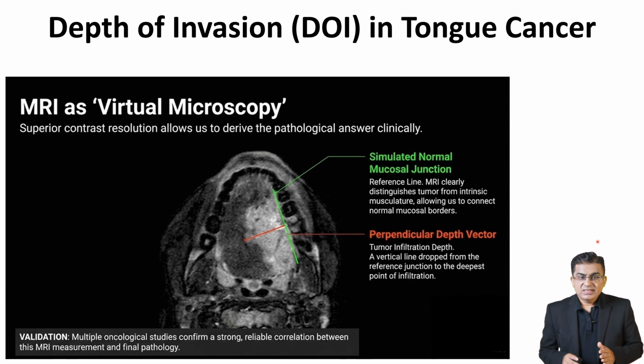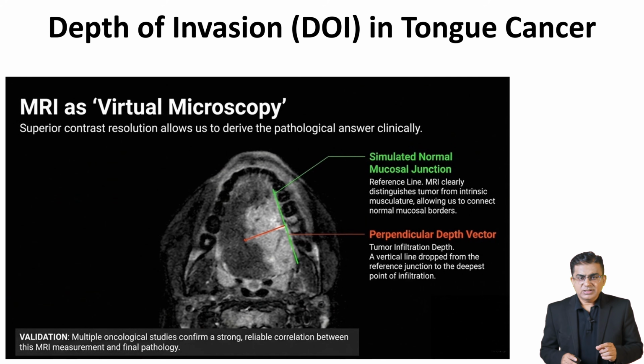But listen, the critical number for your staging is the red line. You drop this red line as a perpendicular vector from your green reference line straight down to the deepest point of tumor infiltration. Here, that exact depth is 2.6 centimeter. I want to stress this to all of you.